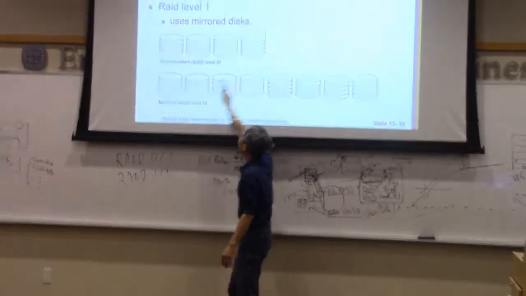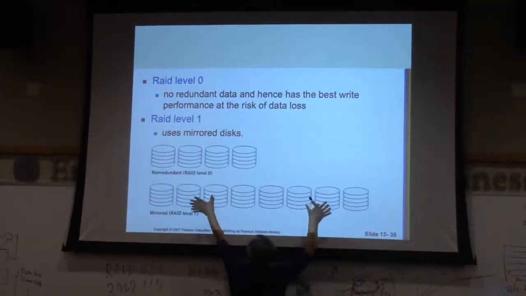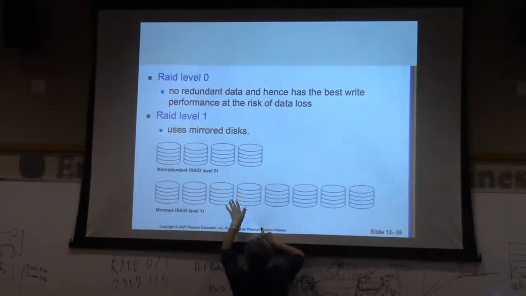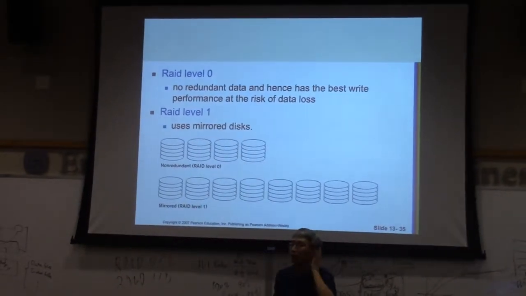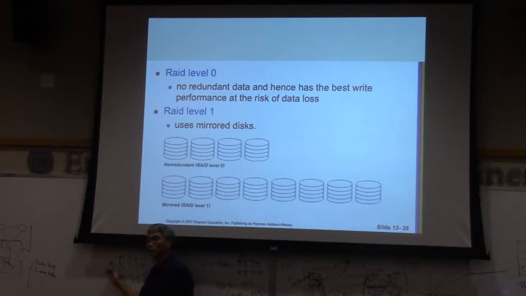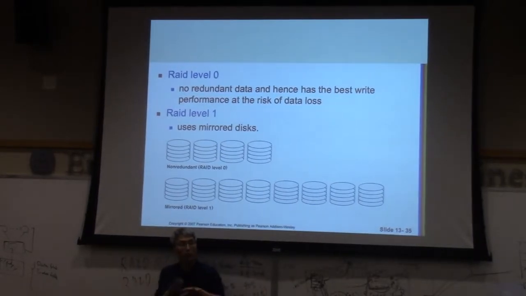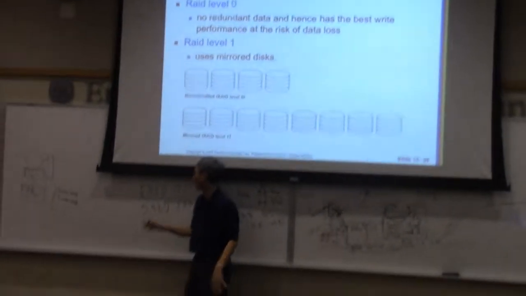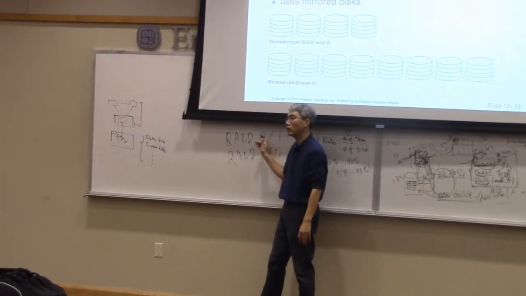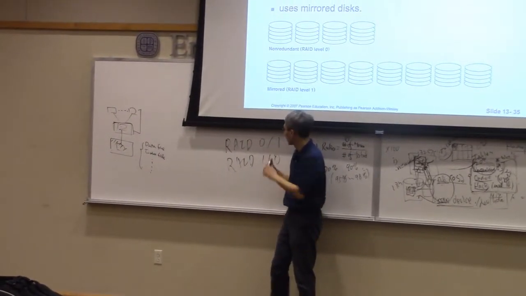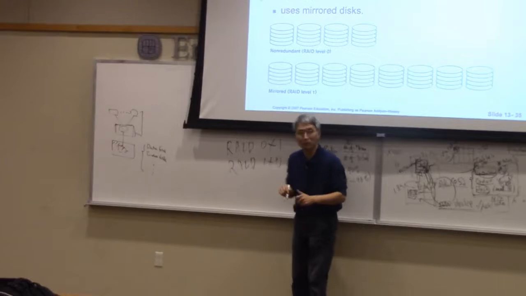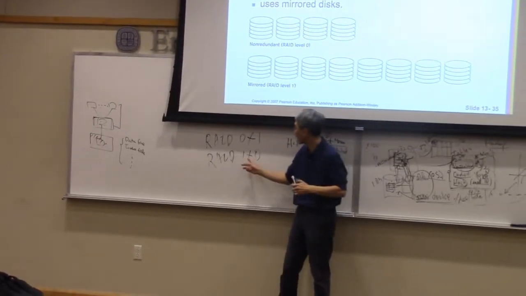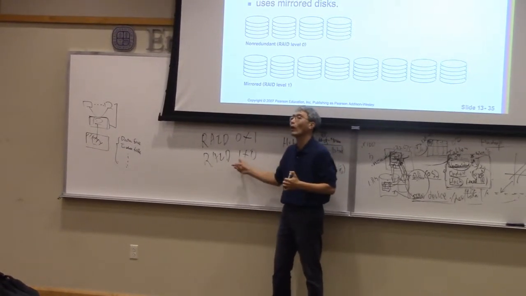And RAID 1 is a mirror. So you have an exact copy of this one. Nowadays, most storage uses both mirror as well as stripe. If you do the stripe first, then the mirror, it's 0 plus 1. If you mirror first, then stripe, it's 1 plus 0.